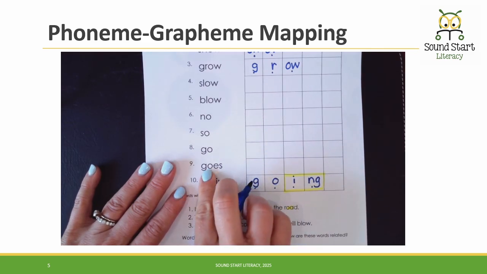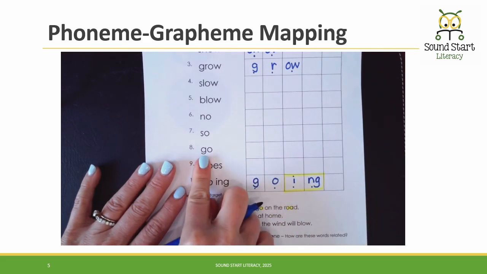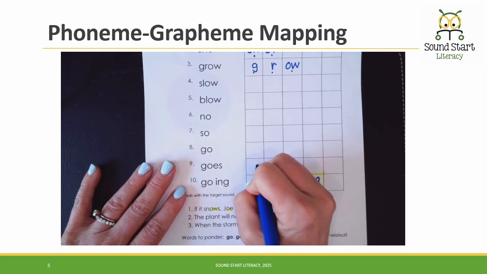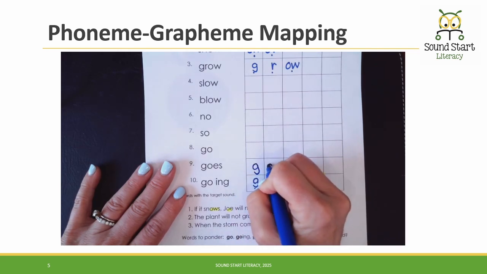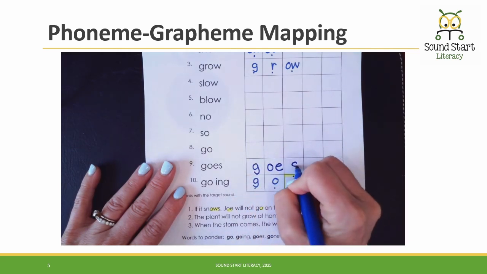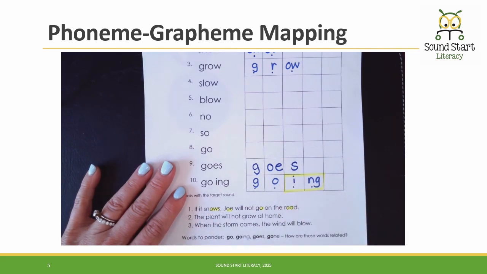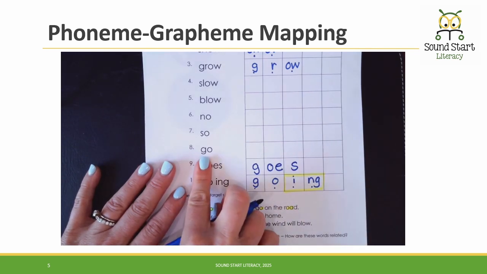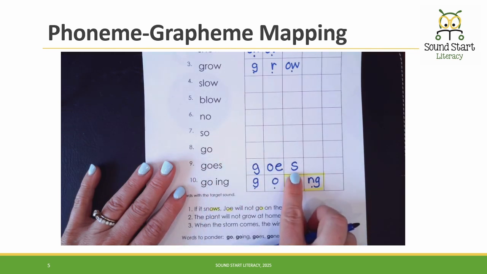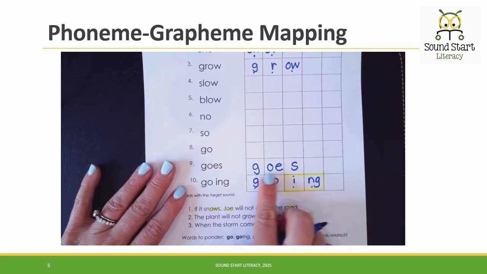Even though go is the base word and we're adding an ES suffix, when it comes to the sounds, doing it as G, O, and then Z makes a little bit more sense. Just because the ES suffix is usually "iz," and that's not "iz," it's just Z. So I would map it this way, G, O, Z. If you're ever unsure, just listen to how the word is coming out of your mouth, and then as the adult, attach what you're saying to what you're seeing, and that will help you.